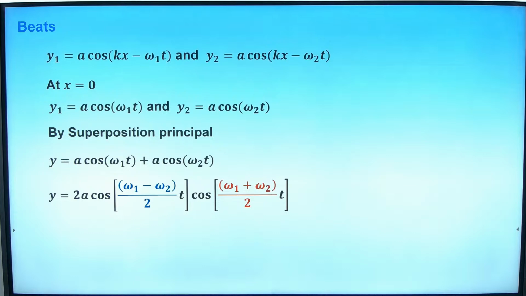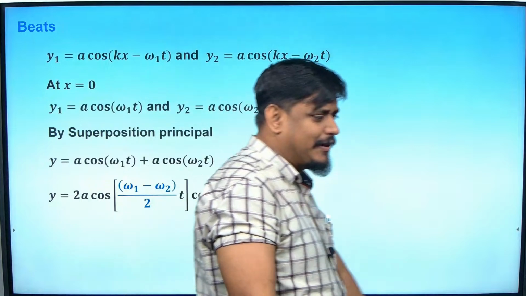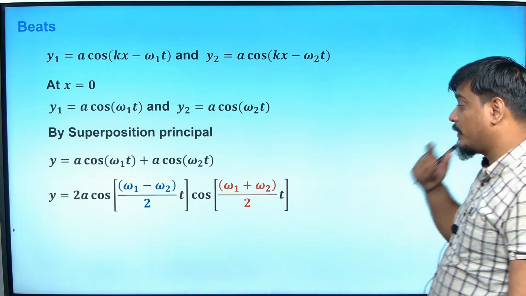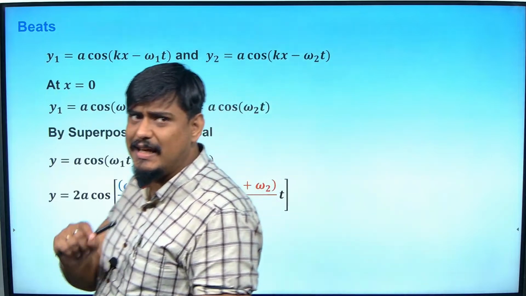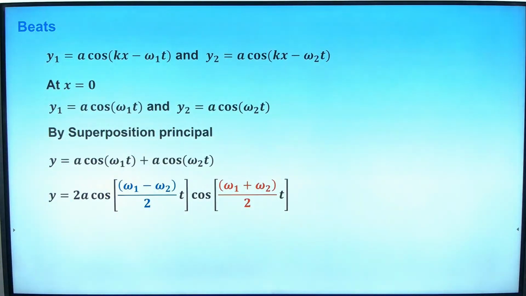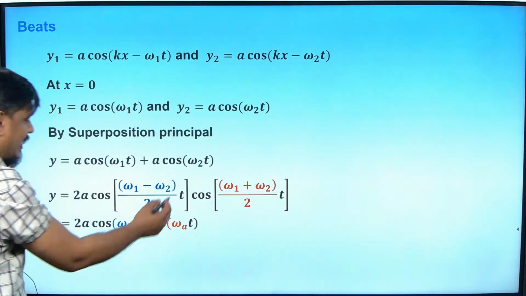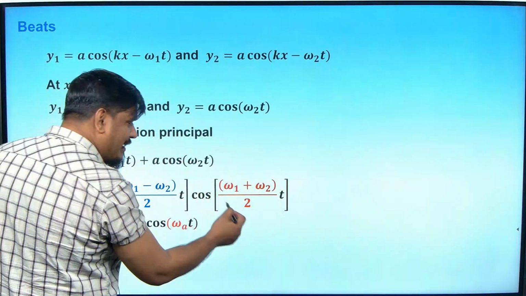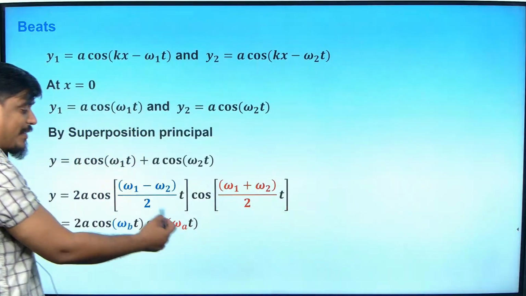It is just cos A plus cos B, which as trigonometry says is 2 cos((A minus B) by 2) cos((A plus B) by 2). So when you solve, you will get 2a cos(((omega1 minus omega2) by 2) t) into cos(((omega1 plus omega2) by 2) t). Now please understand one thing: I can take (omega1 minus omega2) by 2 as omega b and (omega1 plus omega2) by 2 as omega a.